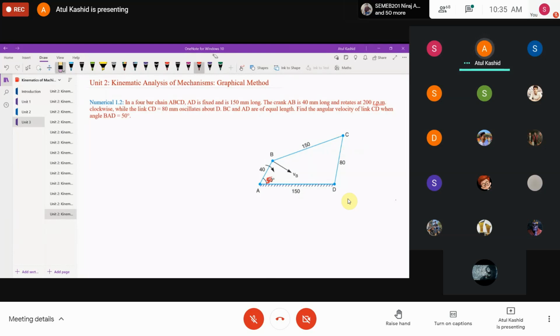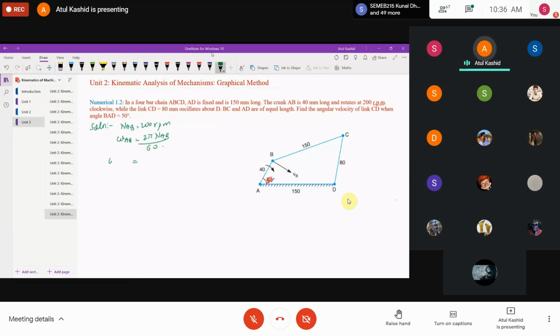We'll start with the numerical, and initially from whatever is given, we are going to find some things that will be required for the calculation. They have given that the crank AB is rotating at 200 RPM, so N of AB is 200 RPM. We can find omega AB, which will be 2 pi N AB upon 60.